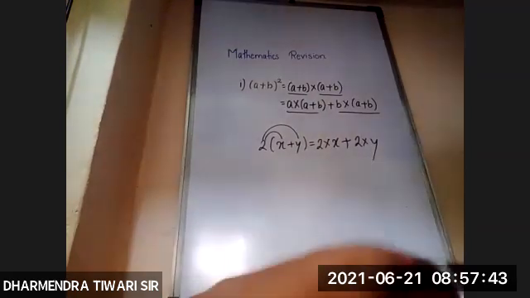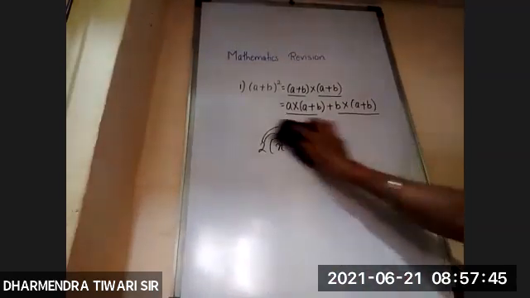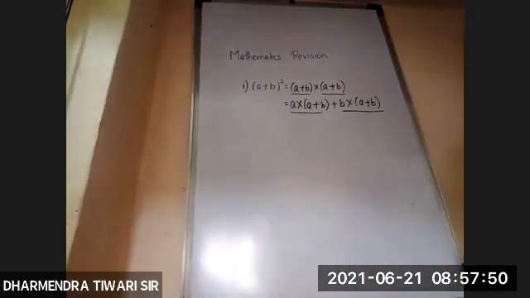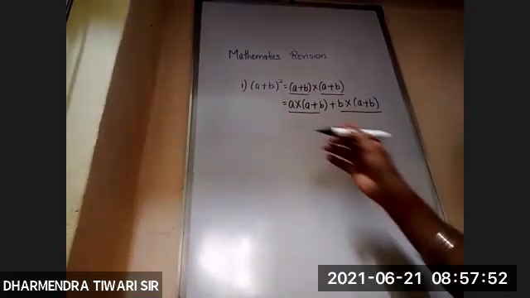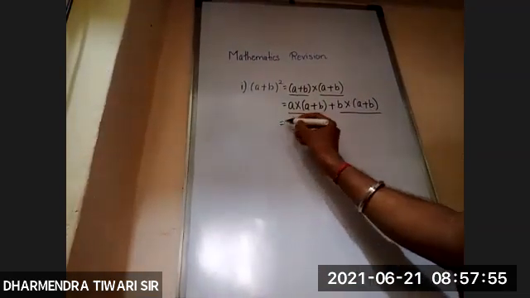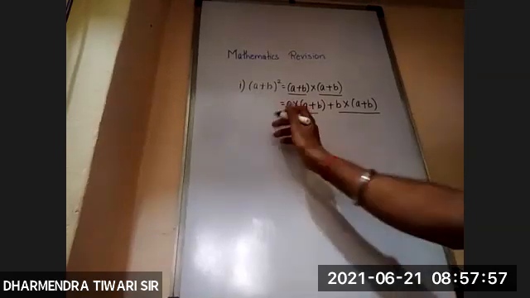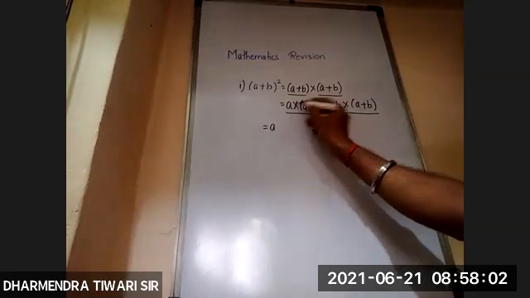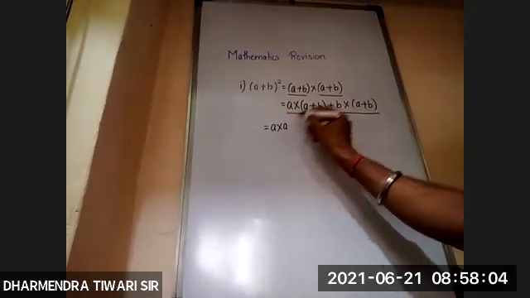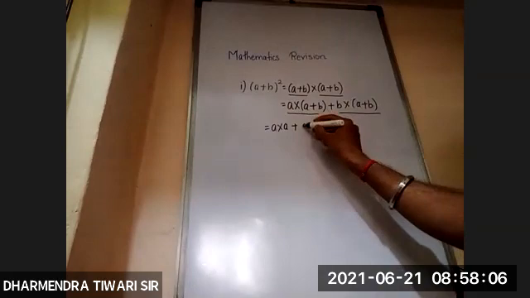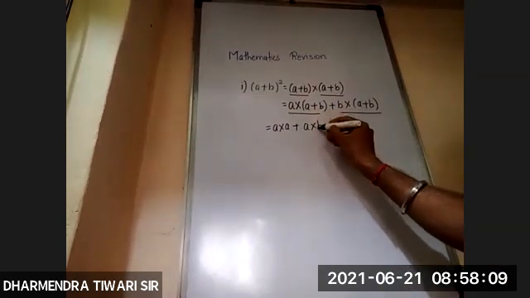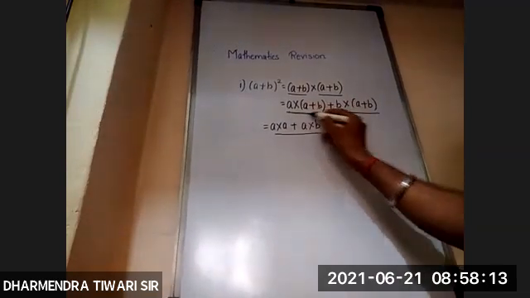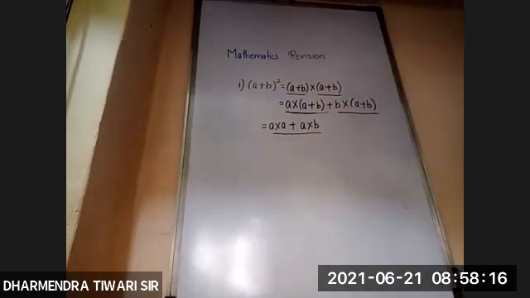After applying, what will we get? When a is multiplied to a plus b, we get first a into a, then plus a into b. This is the first underlined term, how we simplify the term.